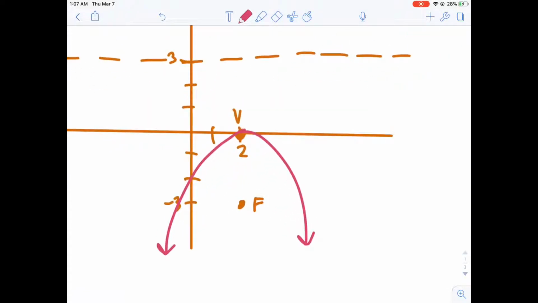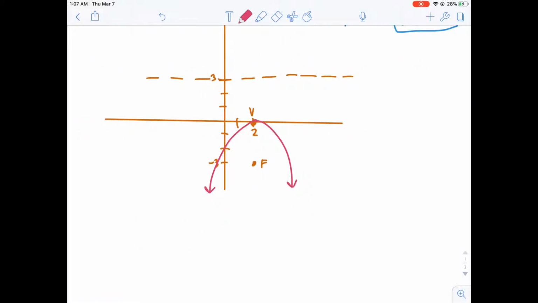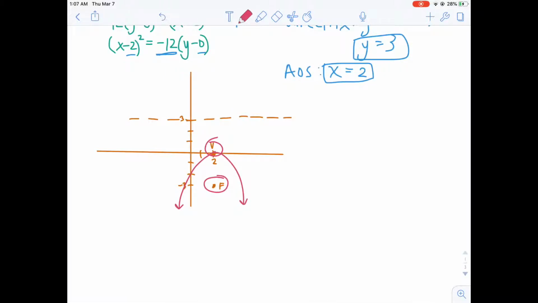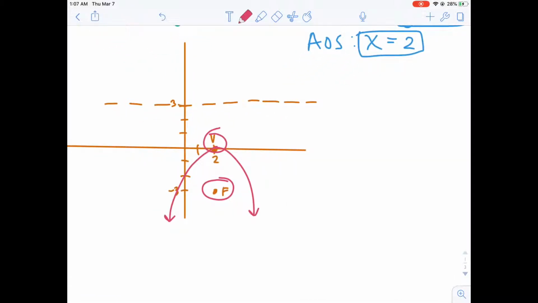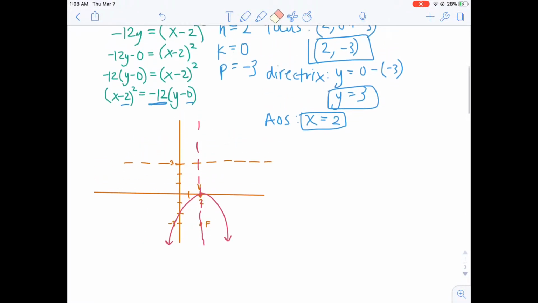I just did a quick rough sketch, but we're getting the gist of sketching this out. I don't need us to be exact. I just want us to be able to find the vertex, the focus, the directrix, and also our axis of symmetry. So the axis of symmetry is x equal to 2. There's just going to be a line going through that vertex and focus. So there we go. Let me erase that so you can get a better look here. That's what our parabola is going to look like.